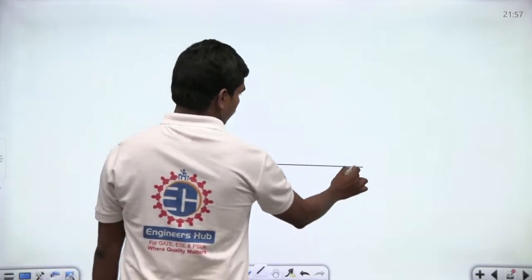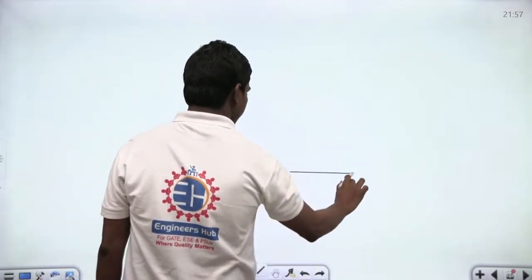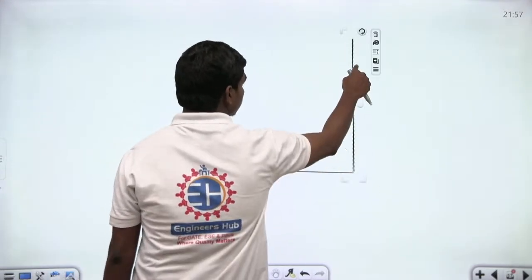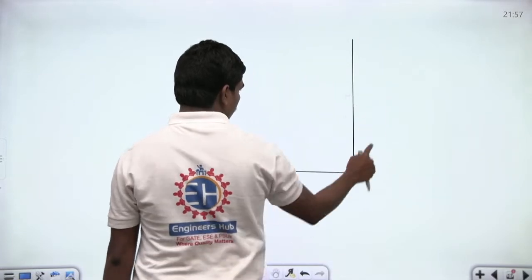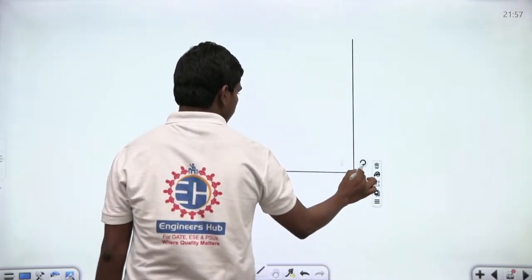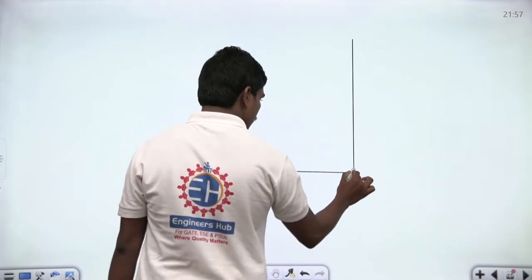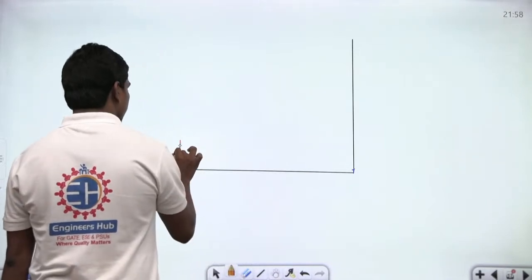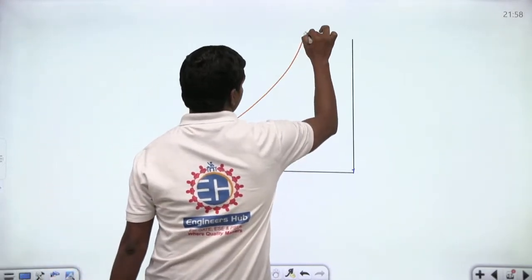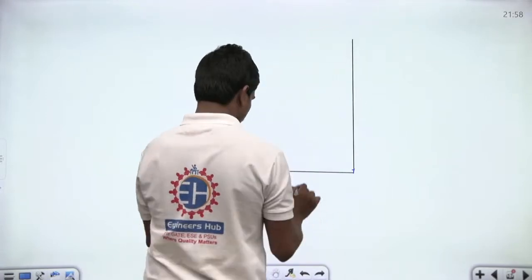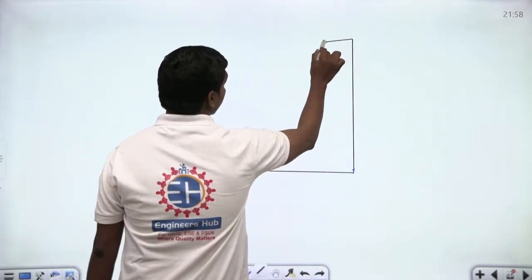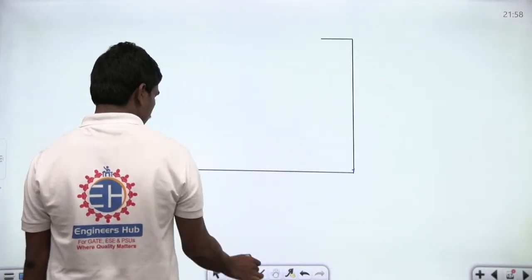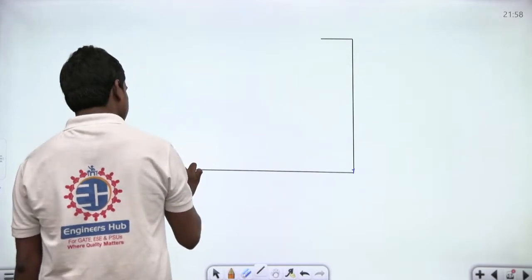Okay, so anyhow, let us try to draw a neat line. Okay, and let us try to have this omega also. So if this is your small diagram that's available here. Next, you could see here the psychrometric chart looks something like this. Let me try to draw this one more time.